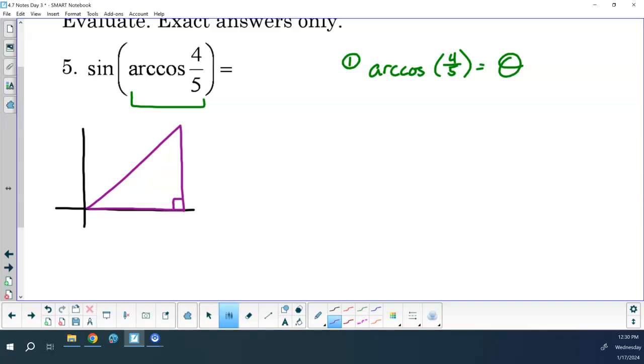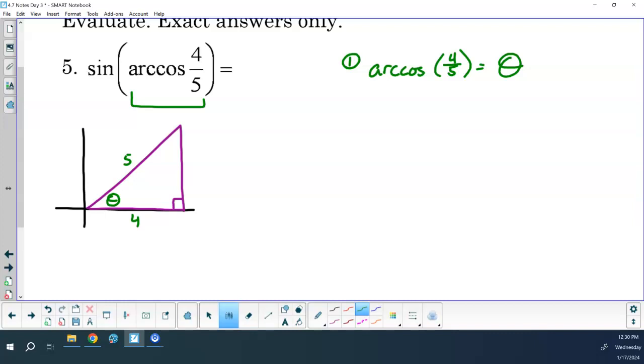If I draw myself a quadrant 1 triangle, then this angle here is going to be my theta. And the arc cosine would be, for that angle, an adjacent side of 4 and a hypotenuse of 5.